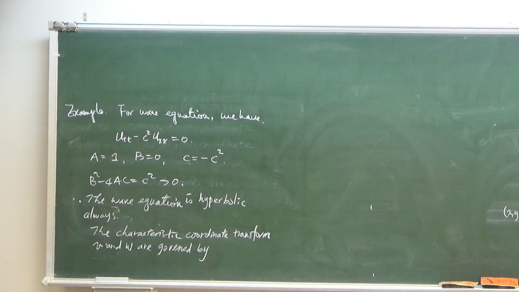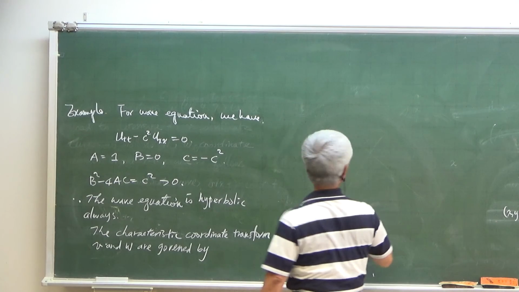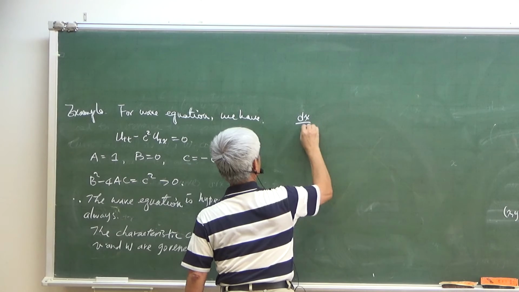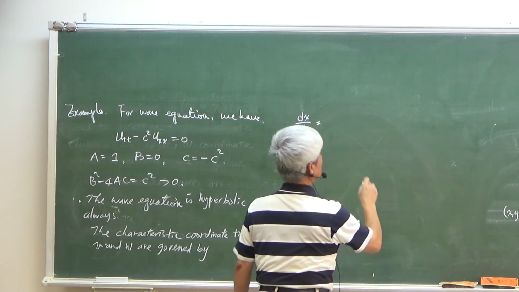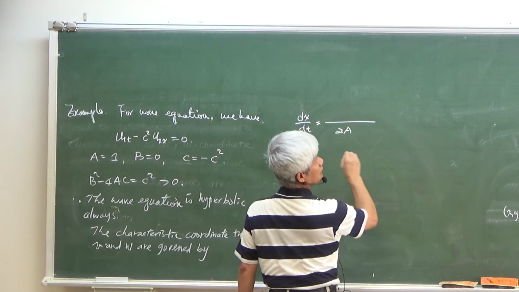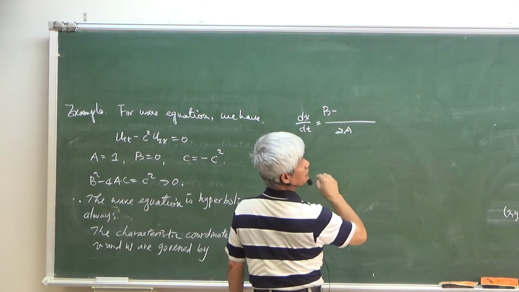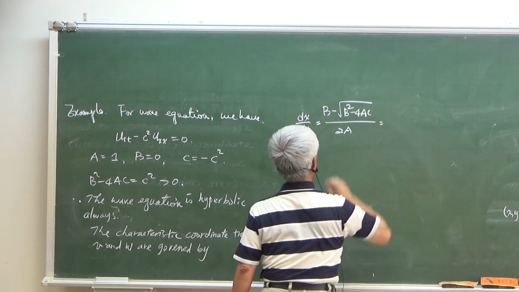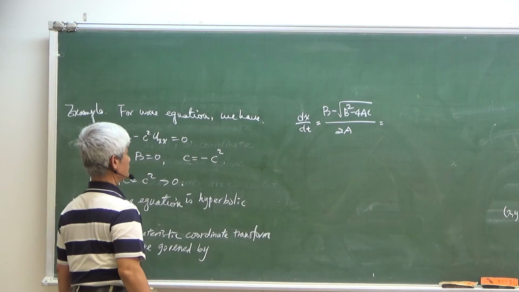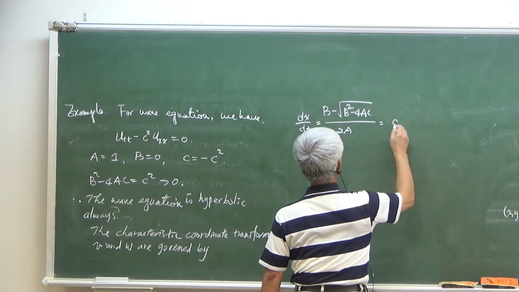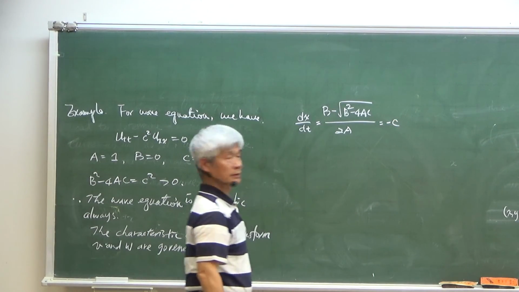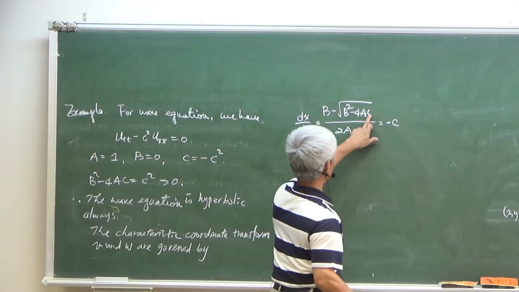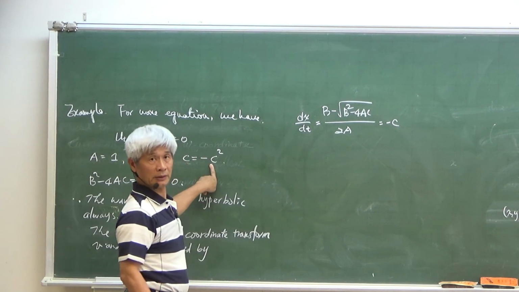The first one is dx/dt equal to (B minus the square root of B squared minus 4AC) over 2A, which is minus c, because B is 0, A is 1, and C is minus c squared.